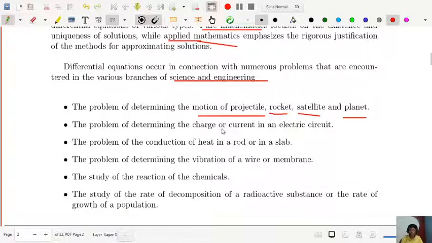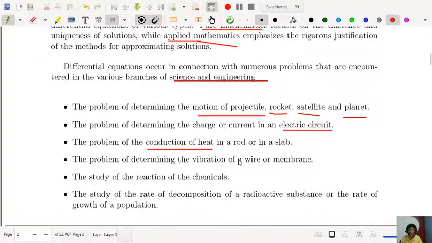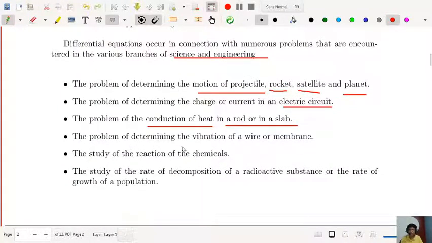The problem of determining the charge or current in an electric circuit also needs a differential equation. The problem of the conduction of heat, as we just talked about the heat equation by Fourier's law, in a rod or in a slab. The problem of determining the vibration of a wire or membrane.